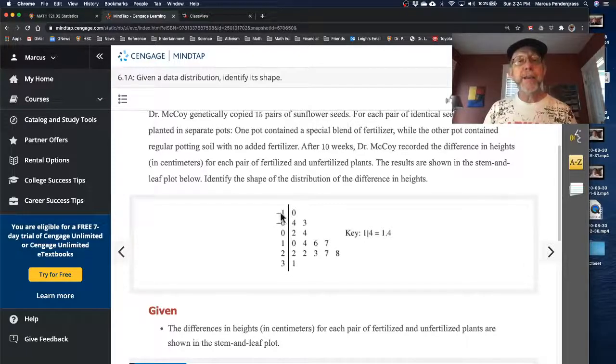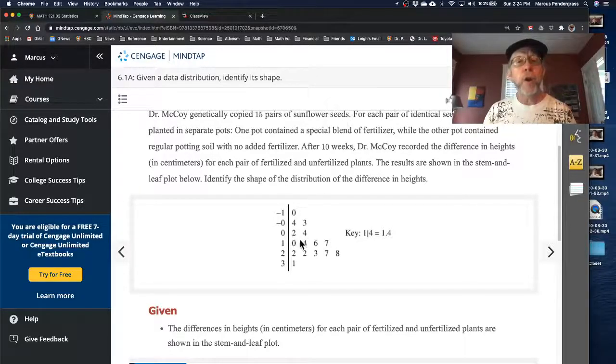So you can see that in a few cases, the unfertilized plant was actually taller than the fertilized plant. You have like minus 1 centimeter for one of the pairs, minus 0.4 and minus 0.3 for the other.